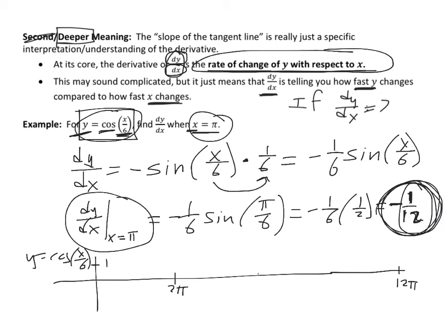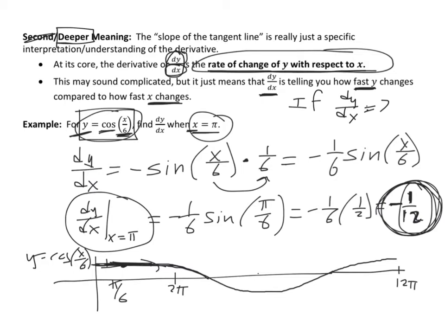And so this graph is really, really slowly coming down to here, and then really slowly coming back up to here. And so when we plant ourselves right here at pi, we're looking at this saying, yeah, I get that it's going down, but it's really just barely going down right there. That's a sense of what this thing means.